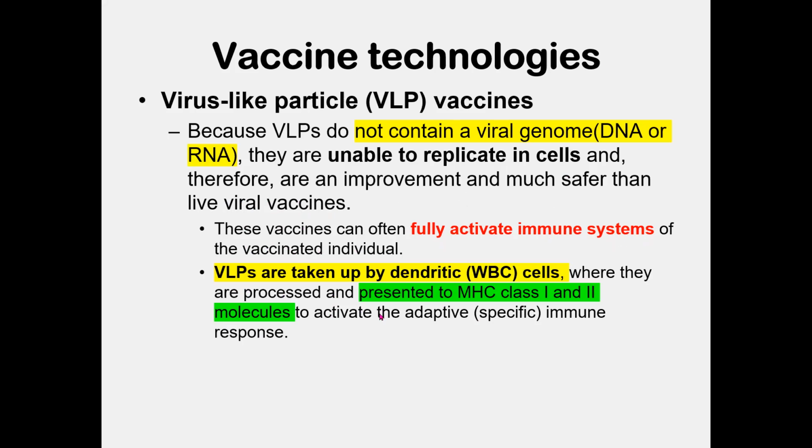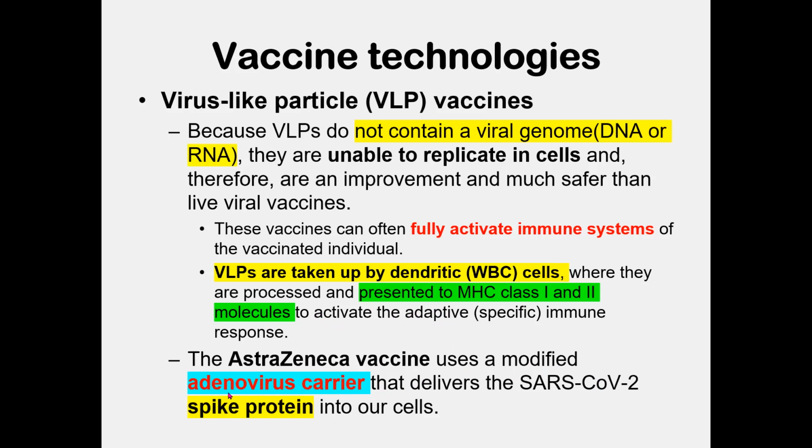And they are processed, and remember the antigen is put on the outside of it, and the MHC class 1 and class 2 molecules, so they're presented to these class 1, class 2 molecules, and they activate the immune response. These are the adaptive ones, the level 3.